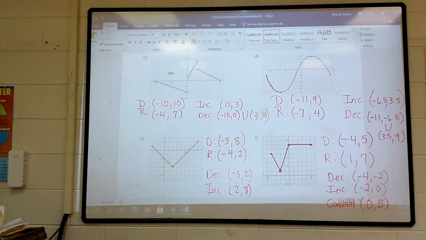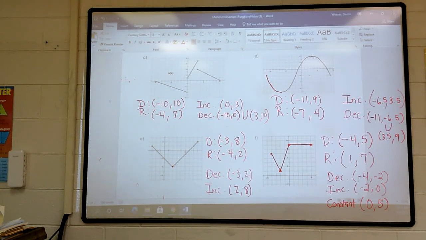So notice what should happen is when you do decreasing, increasing, or constant, you should fill up your entire domain. So if your domain goes from -4 to 5, this should go from -4 and end at 5. If your domain goes from -3 to 8, your decreasing and increasing should go from -3 to 8. So basically you should fill in all those gaps in your domain.